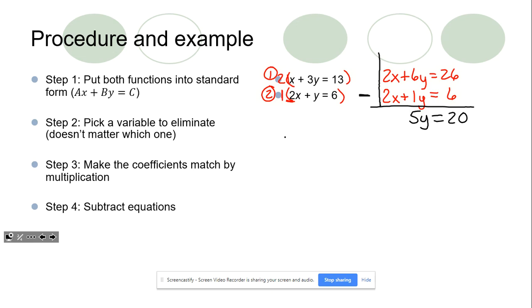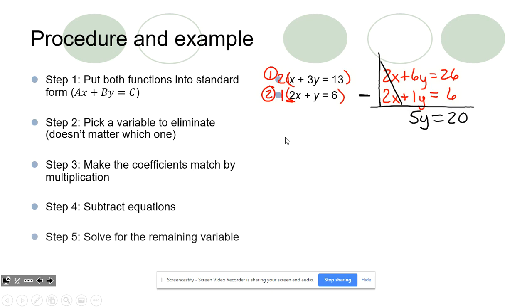Leave the y alone. Leave all variables alone when you're adding and subtracting. Since I made the two coefficients match for x, that eliminates, hence why we call it the elimination method, the x variable. We are left with 5y equal to 20.